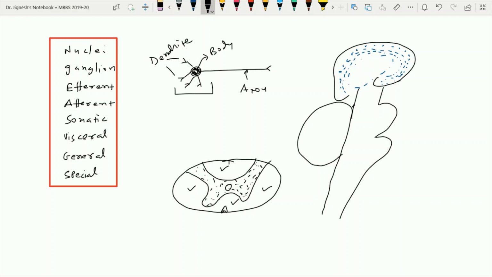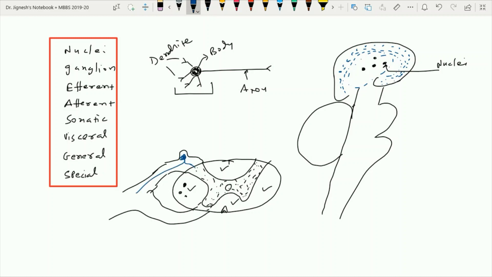Now when these cell bodies are present within the white matter of the cerebrum, or we can say white matter of the spinal cord, this is called nuclei. So nuclei are nothing but cell bodies situated within the white matter of the central nervous system, while the collection of cell bodies outside the central nervous system is called a ganglion.